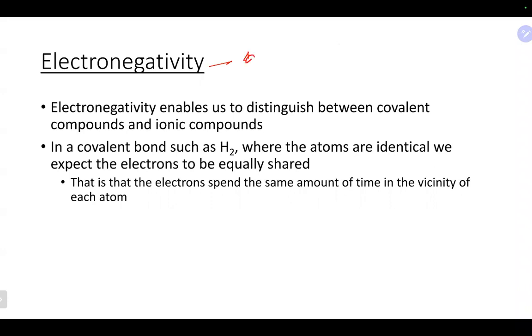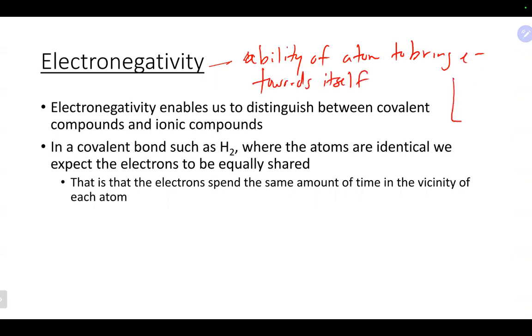Once again, on the periodic table, it increases as you go up and right, decreases as you go down, and it is our good friend fluorine that is the most electronegative element you could have. So fluorine is the most electronegative element you could have.